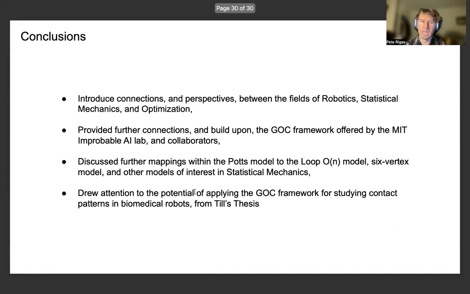And the conclusion that we want to end the presentation with is that we introduce connections and perspectives between the fields of robotics, statistical mechanics, and optimization.